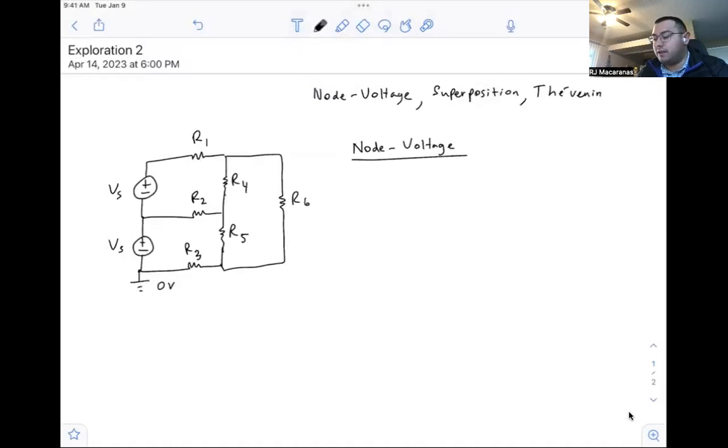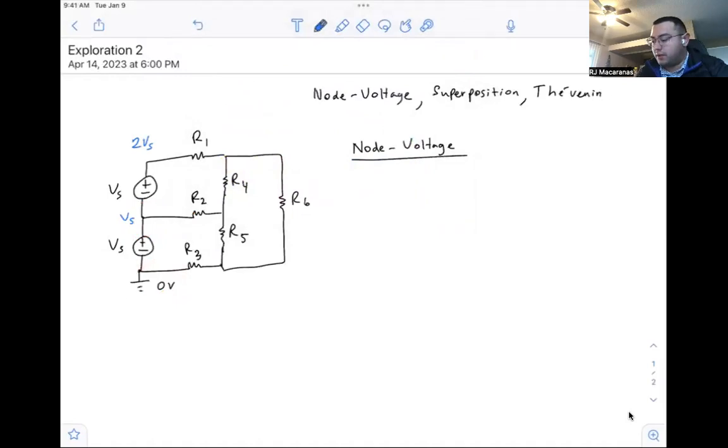So by defining 0 volts to be this bottom left node, we're given that this junction between the two power supplies and R2 is Vs. So this voltage here is Vs. And we're also given that the voltage at this top power supply is 2Vs.